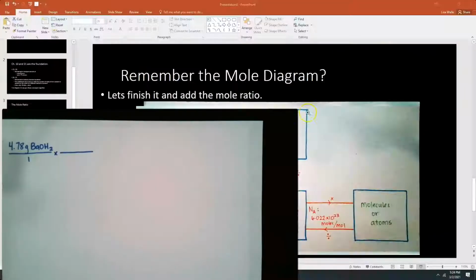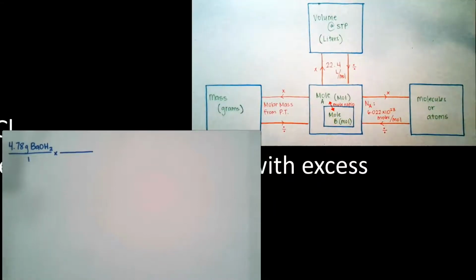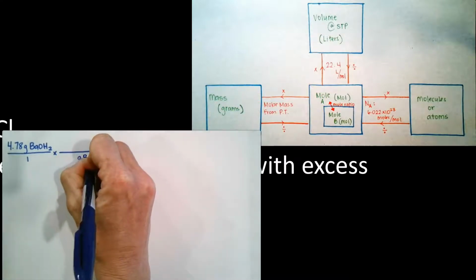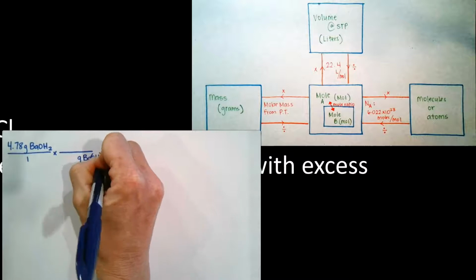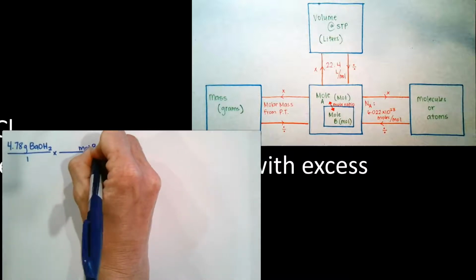So the first thing that I'm going to want to do is go from mass of BaOH2 to moles of BaOH2. So I'm going to put grams of BaOH2 on the bottom and moles of BaOH2 on the top.